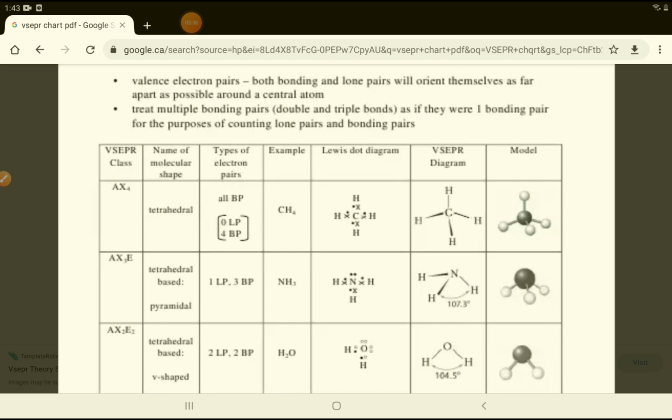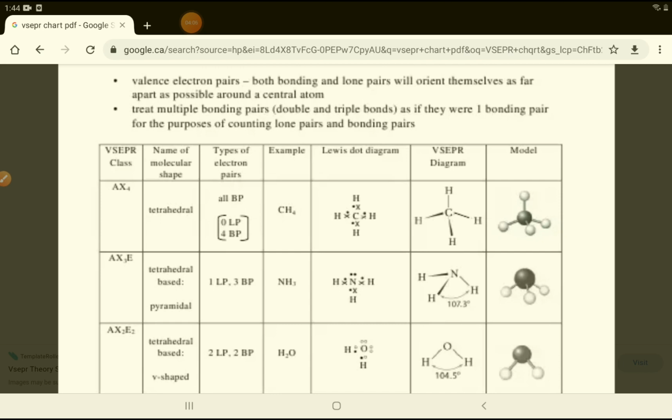So when we look at a tetrahedral shape, under the types of electron pairs column, it says that this atom will be a tetrahedral shape if we count 0 lone pairs and 4 bond pairs, or 4 bonds, around the center atom after we've done the Lewis structure.